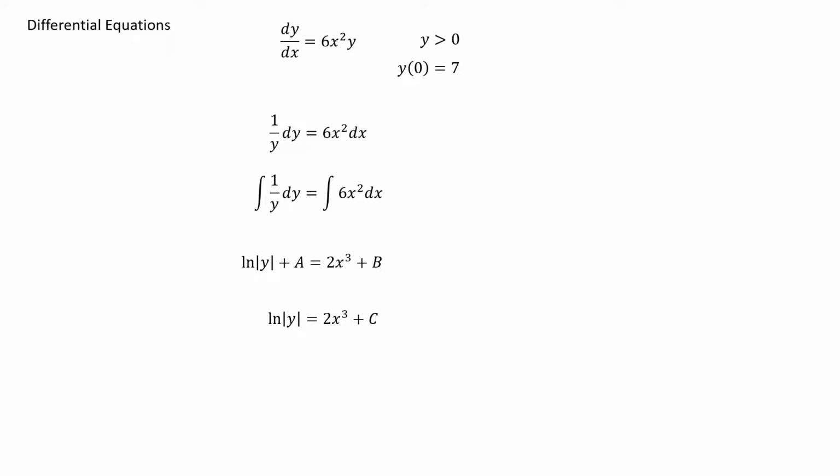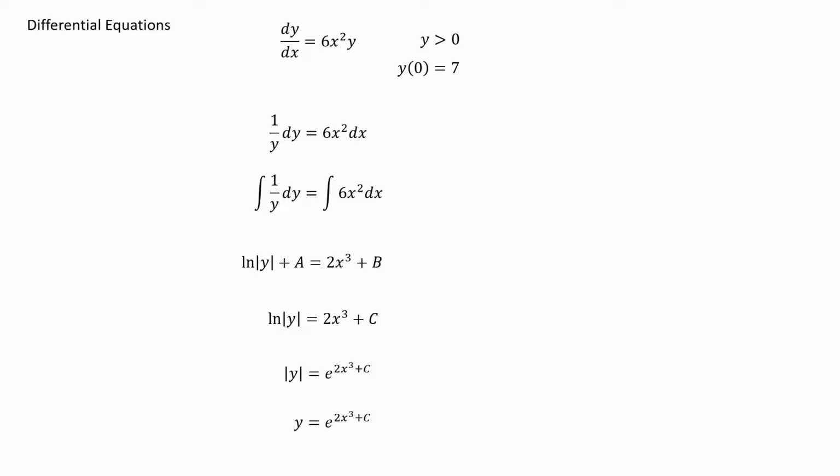Now, you'll recall the absolute value that's usually placed in the argument of the natural logarithm here. It's just the rule of the integral of 1 over y. In this case, looking at the top of the screen, they told us that y is a quantity greater than 0, that y is always positive, and therefore the absolute value of y would just be y itself.